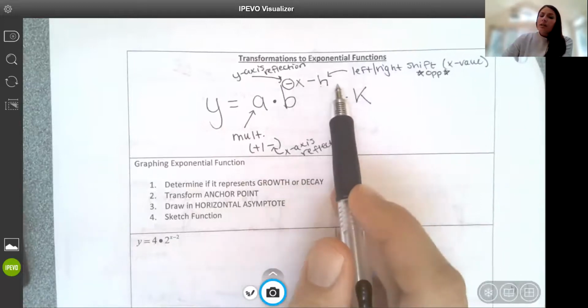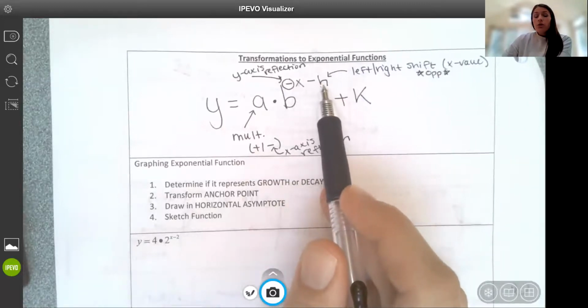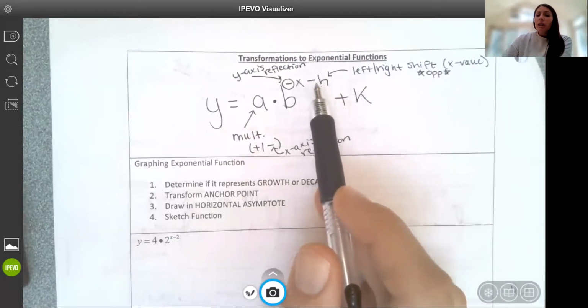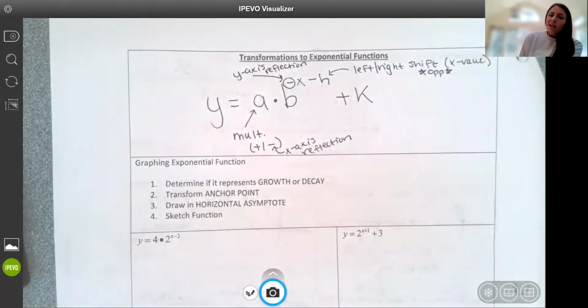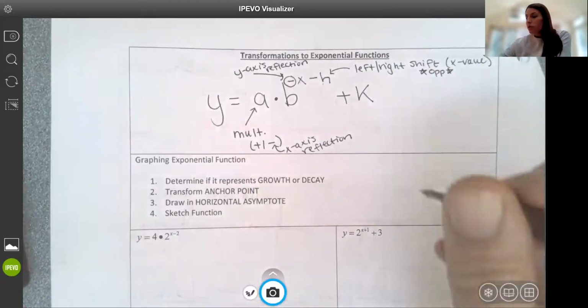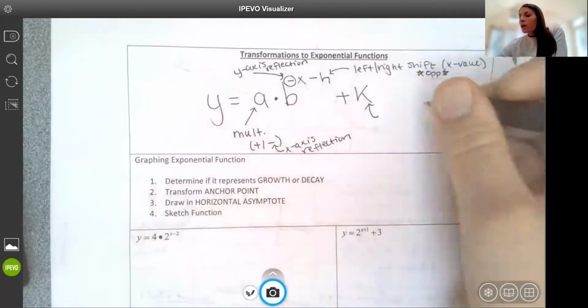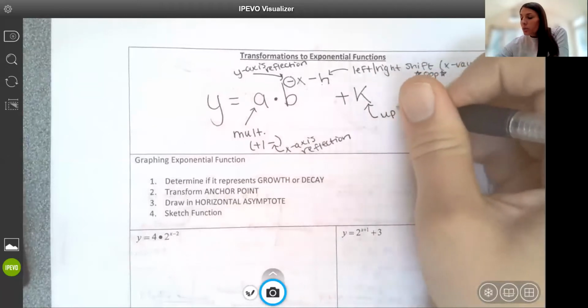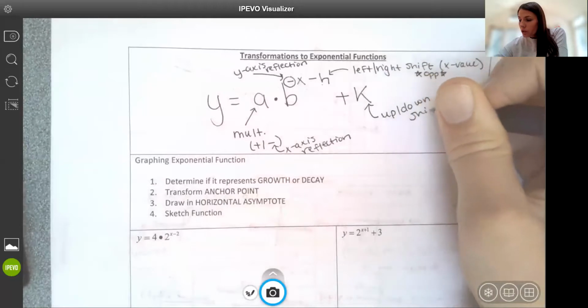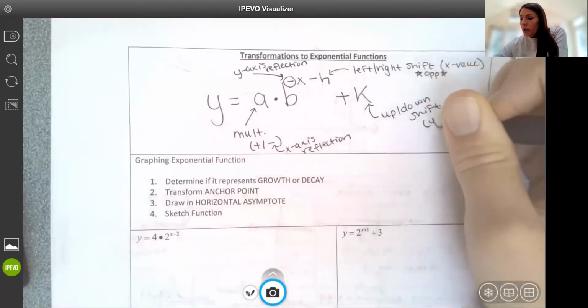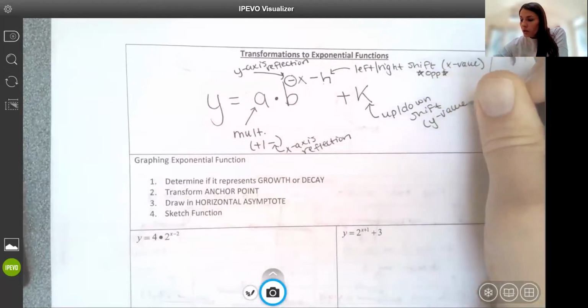Because it's x minus h, if it was plus 2, for example, it'd be x minus negative 2, so we're going to move negative 2, or to the left. So it's always kind of the opposite of what we're thinking with that shift. If we add outside of our exponent value, that was the up-down, or vertical shift, where it's going to impact the y value. Okay.